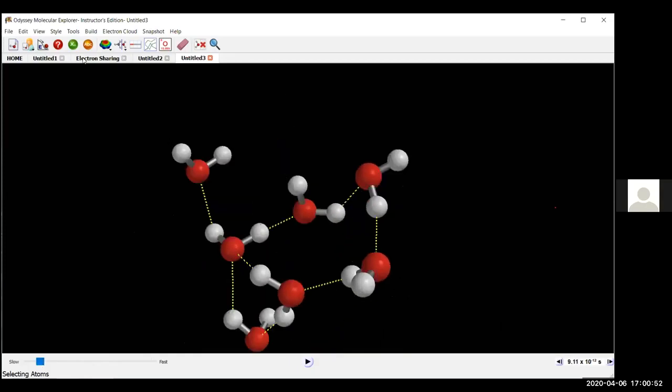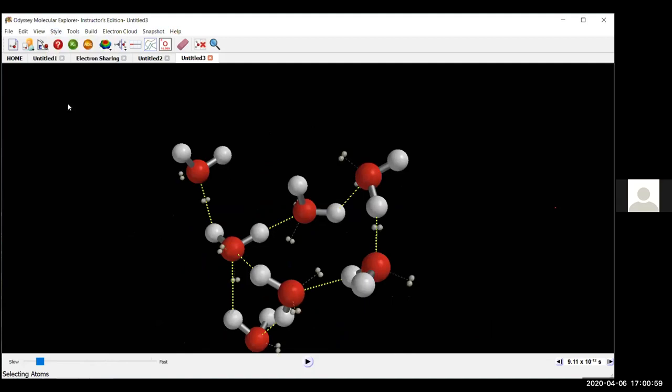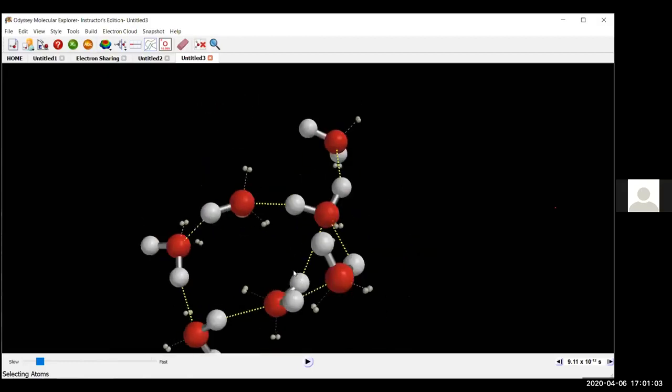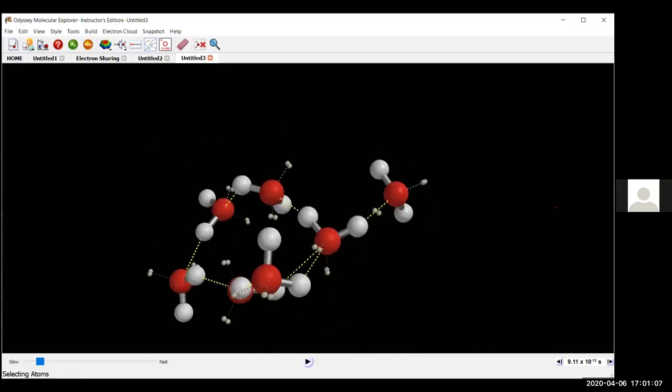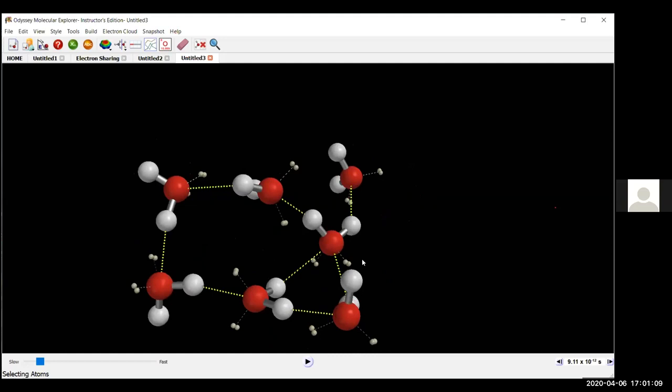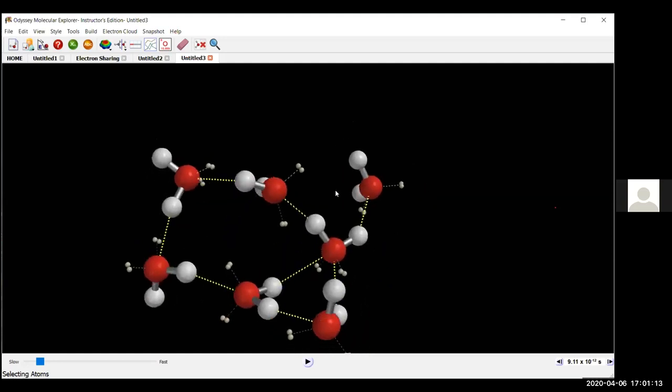If I stop the simulation here, another visualization feature, if I select lone pairs below hydrogen bonds, you get a cartoon representation of the lone pair positions in the molecules. As a serious computational chemist, you cringe a little bit if you look at the picture, but I'm saying it's a cartoon.